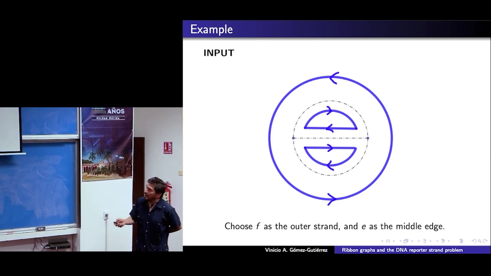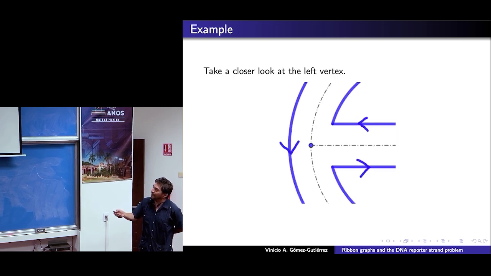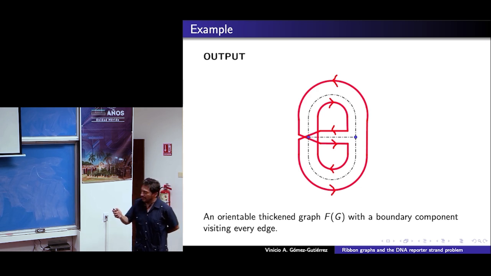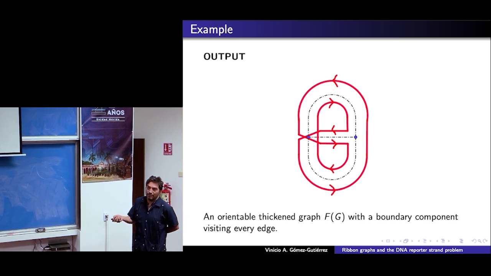In this case, consider this thickened graph of the data graph. We begin with 3 strands. Working at the left vertex and flipping, we obtain another thickened graph with only one boundary component.